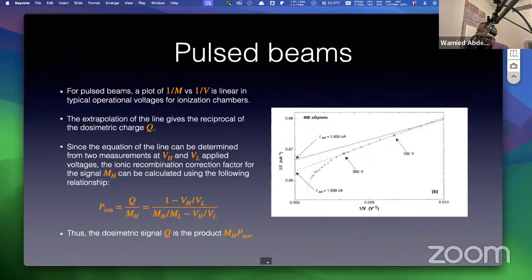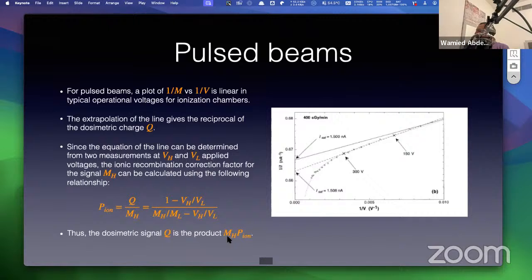For pulse beam, it's the same concept, but all we need to look at is 1 over M versus 1 over V. Again, there is a straight line, and then it decreases. So this is the multiplication region, okay? Because we are plotting 1 over Q versus 1 over V. So at higher voltage, we're going down. As we increase the voltage, we're going like this, okay? And again, using this concept of two voltage techniques, one can derive this simple equation for P ion.